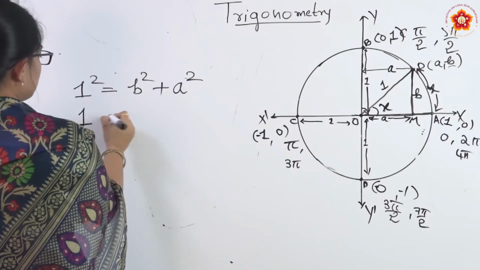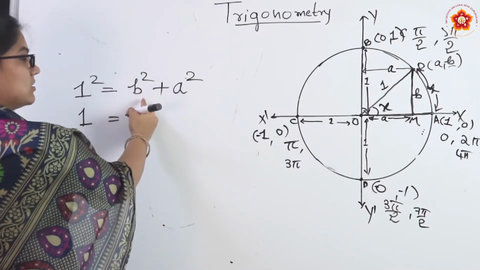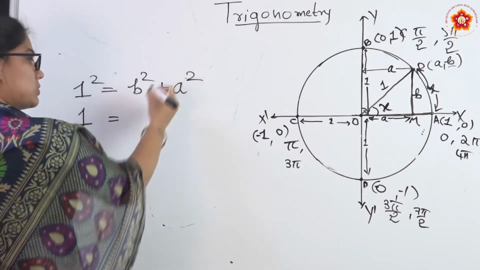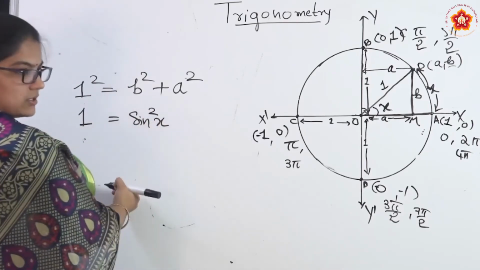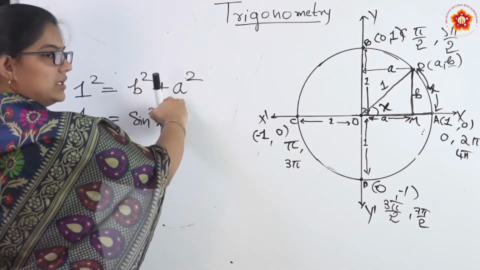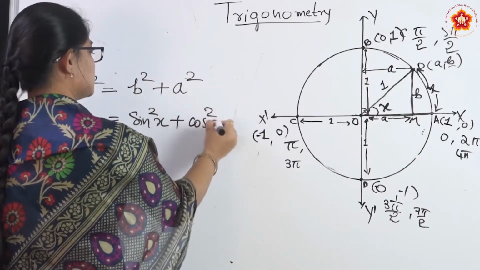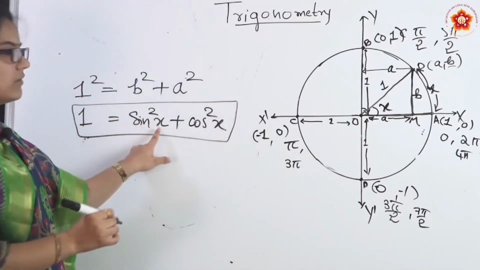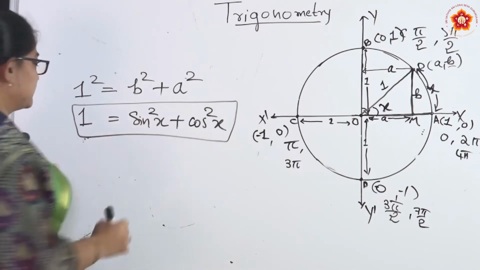That is 1 equals b square plus a square. So what is b? You got b as sin x, right? So b square is sin square x, correct? And a is cos x, so a square is cos square x. So that's how you get the formula sin square x plus cos square x is equal to 1. Okay.